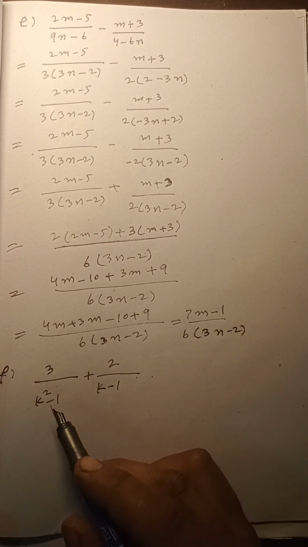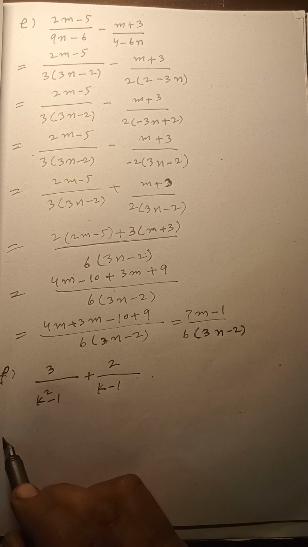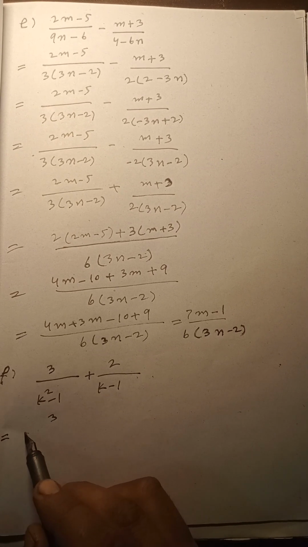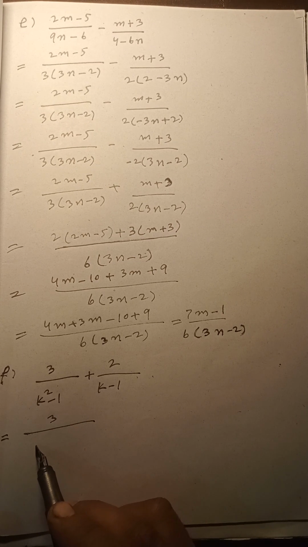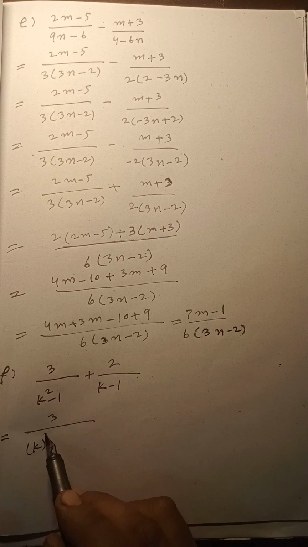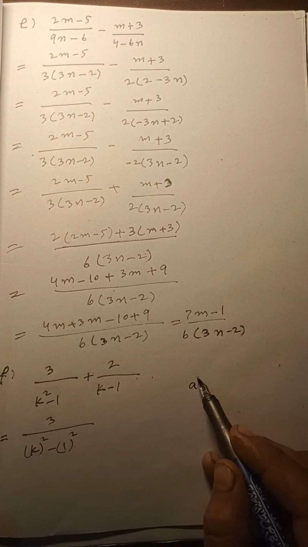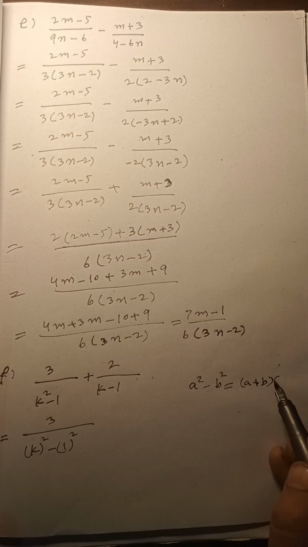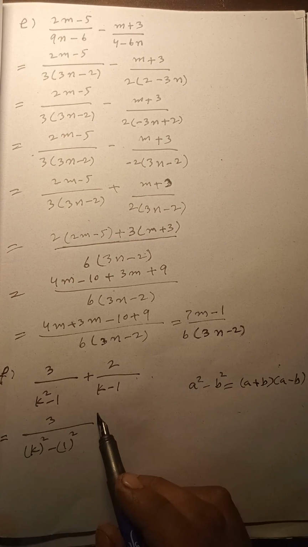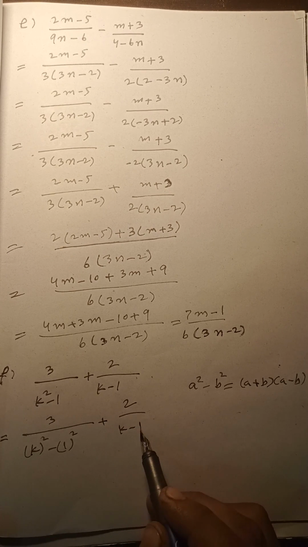Dear students, see here, k square minus 1 and k minus 1, both the denominators are different, and also complex, and we want to make them simple. You know that k square minus 1 square is the same as a square minus b square, which is equal to (a+b)(a-b), and this denominator is already simple, so k minus 1 will be written as such.